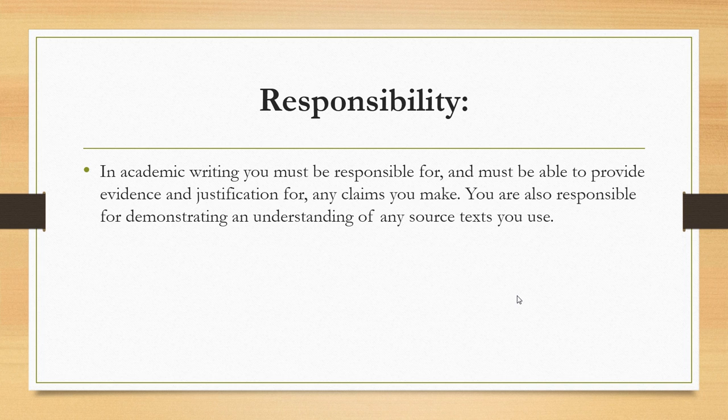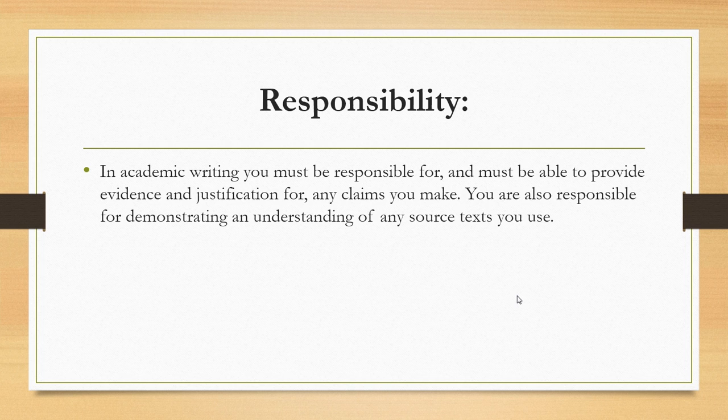Responsibility. In academic writing, you must be responsible for and must be able to provide evidence and justification for any claims you make. Whatever you write, you must be responsible for that claim and provide justification for it.